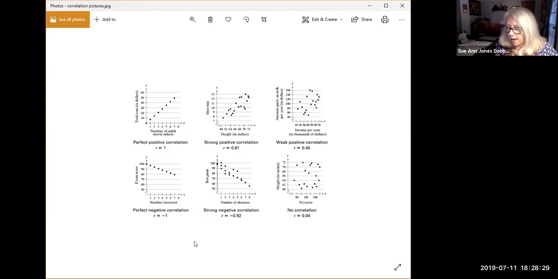So here's a couple of very important points. The sign of the correlation coefficient is the same as the sign of the slope. So both of these two have positive slopes. And both of these two have negative slopes.